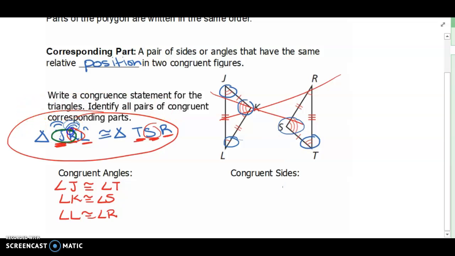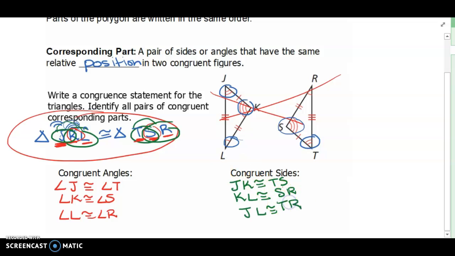My first two, JK is congruent to first two here, TS. Last two, KL is congruent to SR. And then first and last, JL is congruent to first and last, TR. So here's all of my corresponding parts.